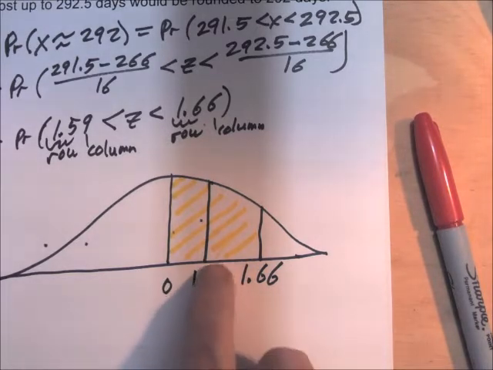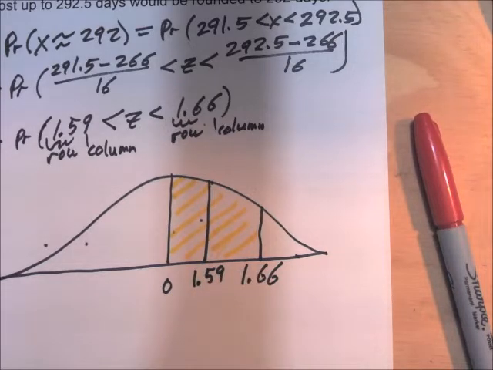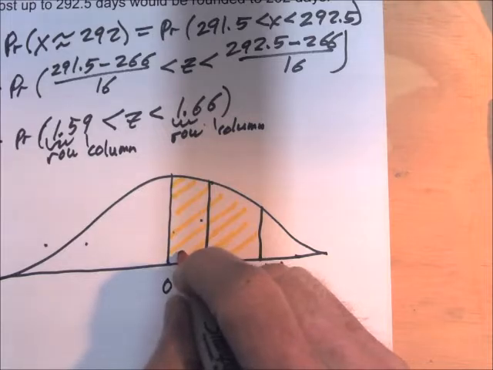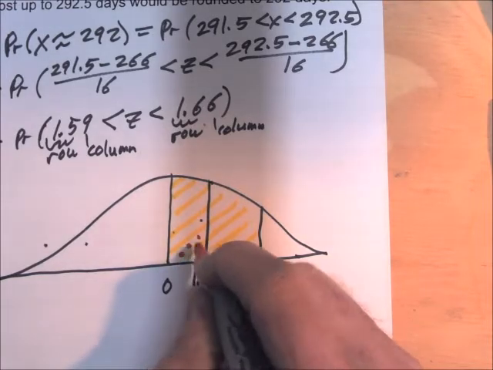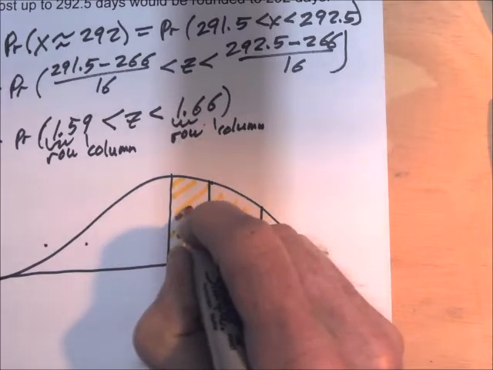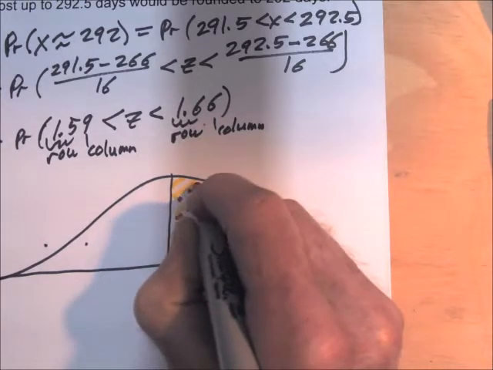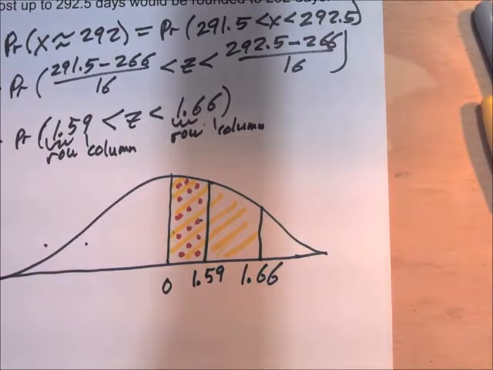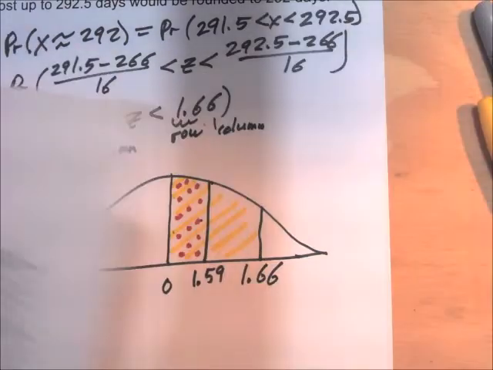We only want the part between 1.59 and 1.66. So what we want to do is subtract off the piece between 1.59 and 0, and then what's going to be left is the piece between 1.59 and 1.66. So we want to look up both numbers and subtract the larger number minus the smaller number.